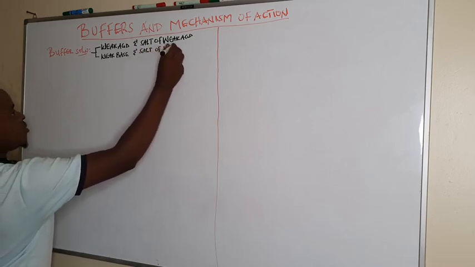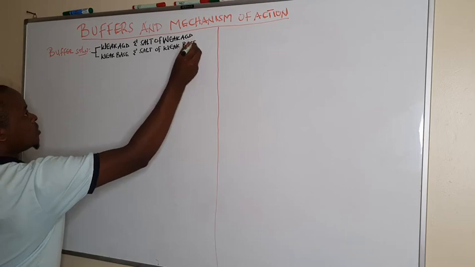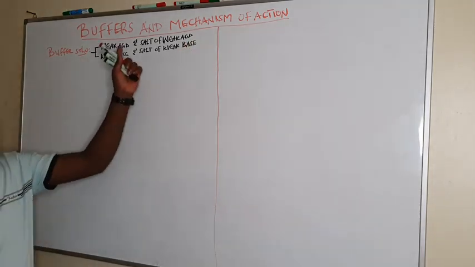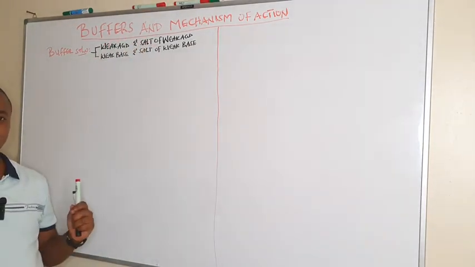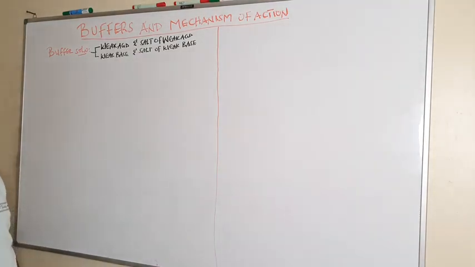So this is the composition of a buffer solution. For it to be called a buffer solution, it should contain a weak acid and the salt of the weak acid, or a weak base and the salt of the weak base.